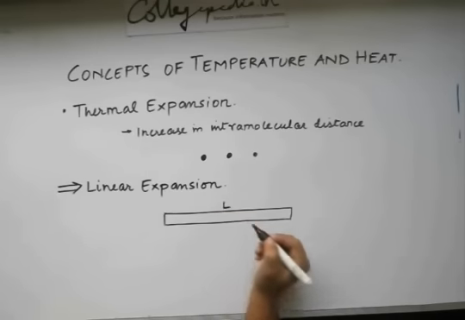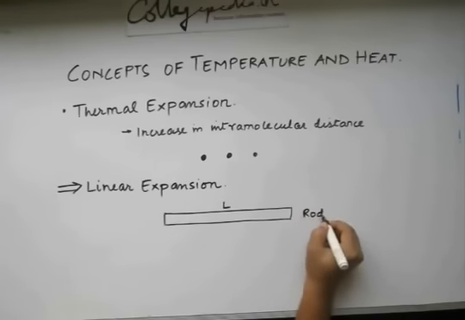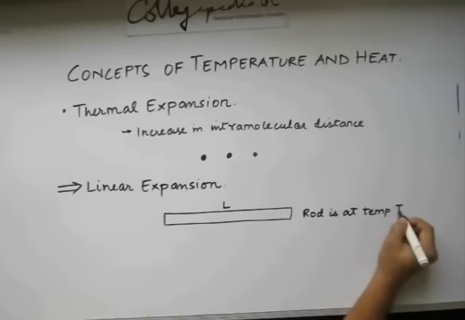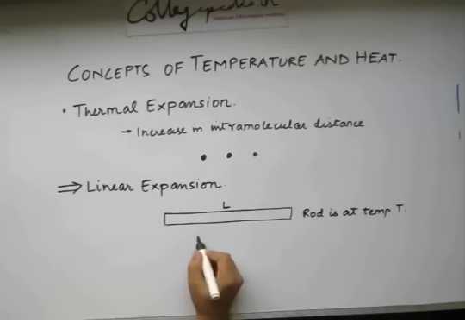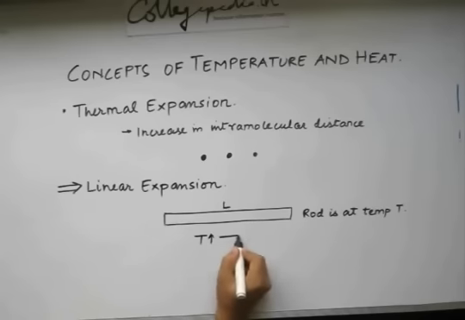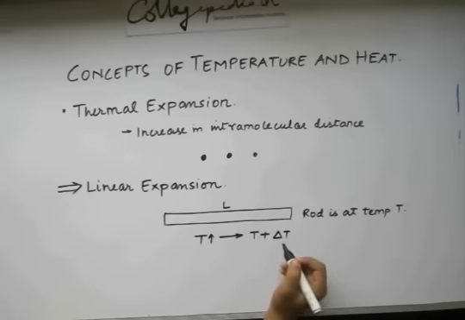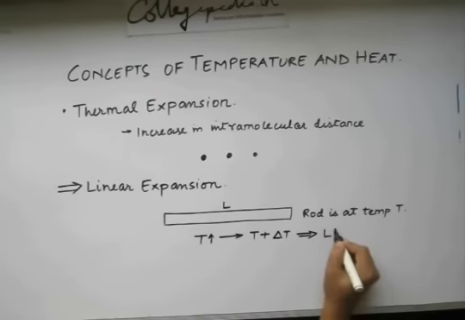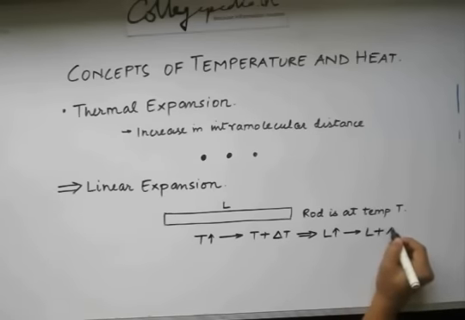Let's say the length of this rod is L. We also say that this rod is at a temperature T. Now what we do, we increase this temperature to say T plus delta T. So now the rod is at a temperature of T plus delta T. Because of this change, we will be having an increase in the length of the rod to say, let this be L plus delta L.